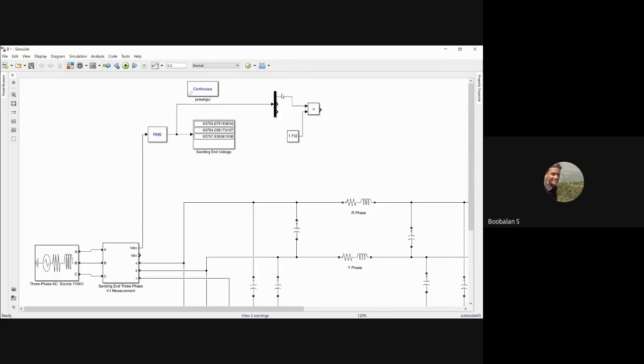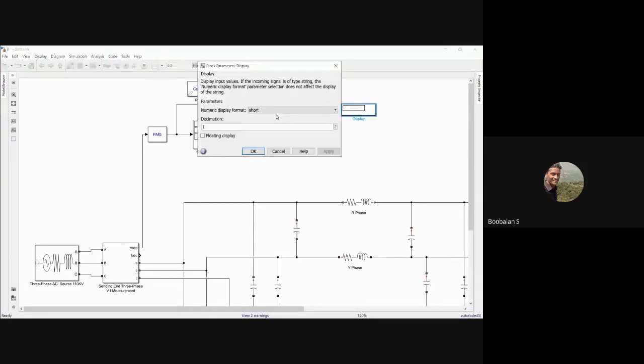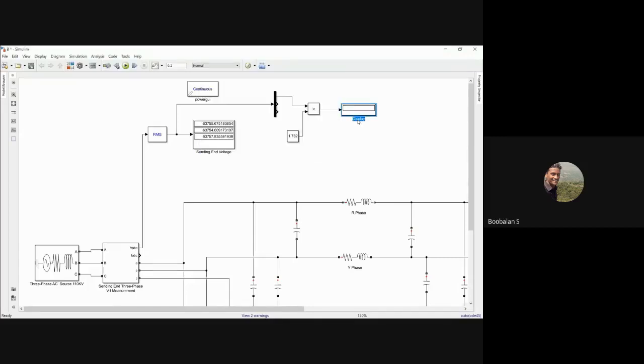Only the R phase is coming through. Just have a display over here and verify that. Now we can see the display long value, apply. Okay, this is my total voltage.